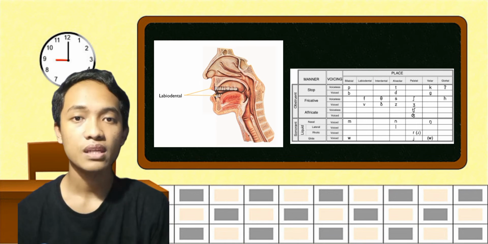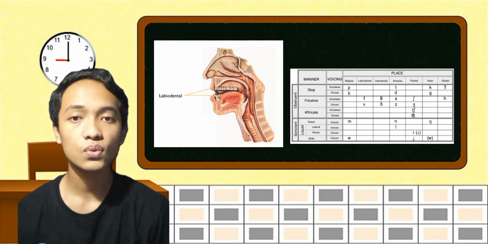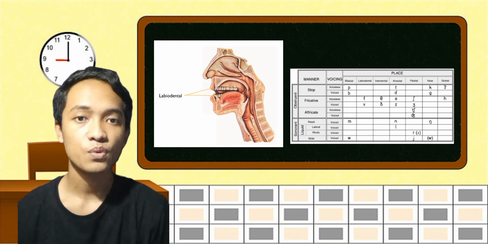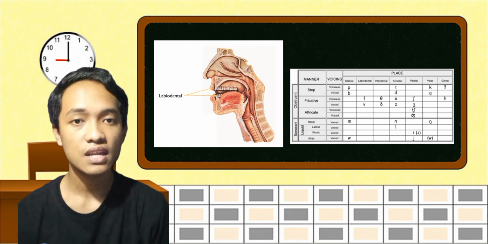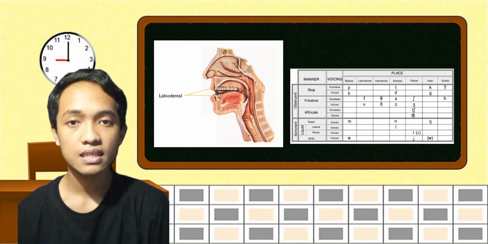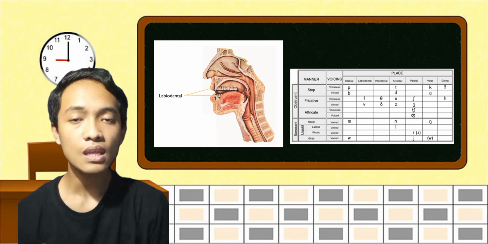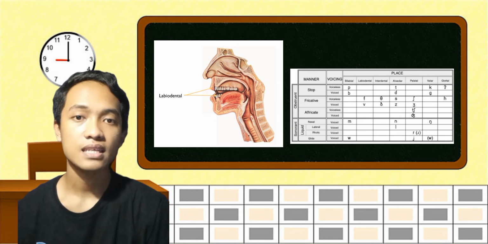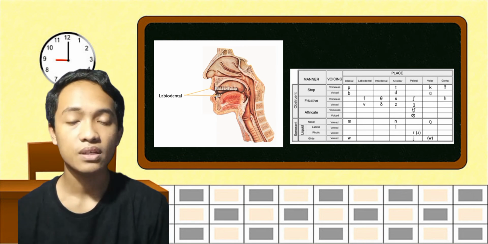Labiodental sounds can be divided into two types. The first is endolabial, sounds produced where the upper teeth are pressed against the inside of the lower lip, and the second is exolabial, sounds produced where the upper teeth are pressed against the outer side of the lower lip.